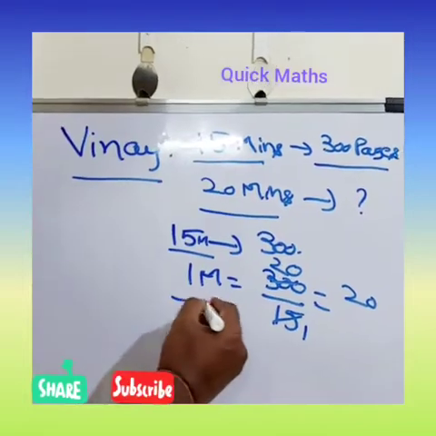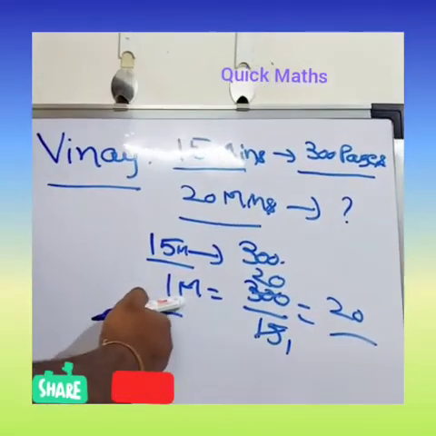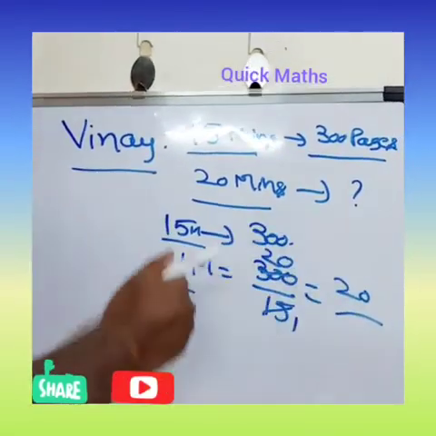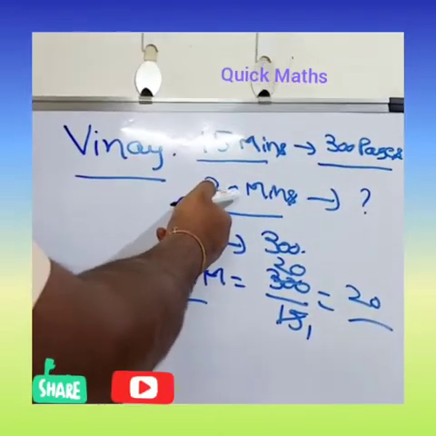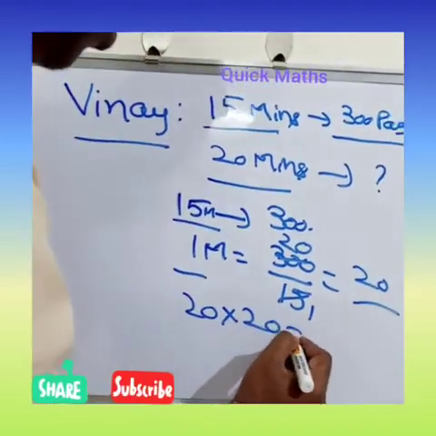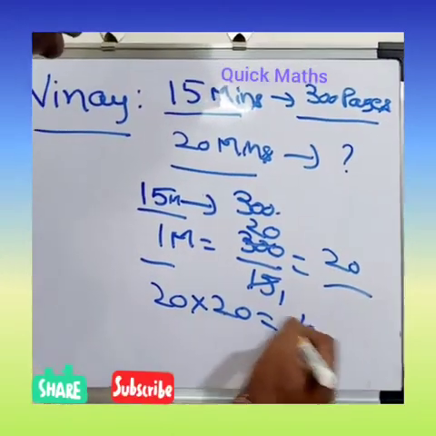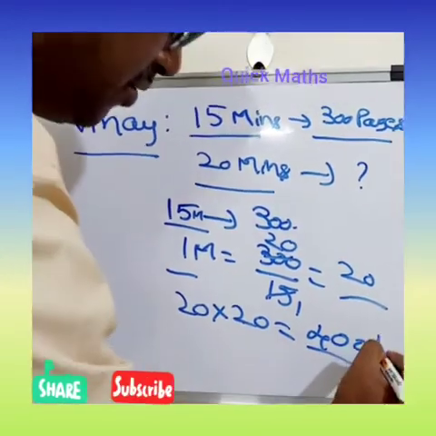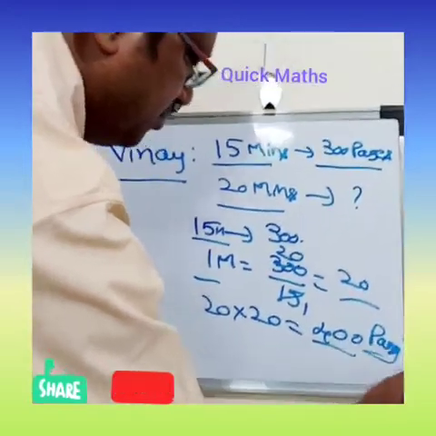So Vinay reads 20 pages per minute. So how many pages will he read in 20 minutes? 20 multiplied by 20. 2 times 2 is 4, 0 0. So Vinay reads 400 pages.